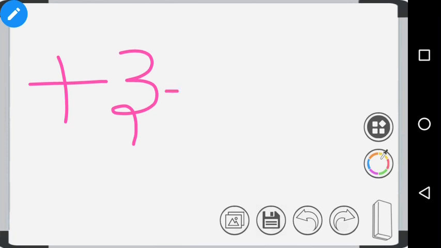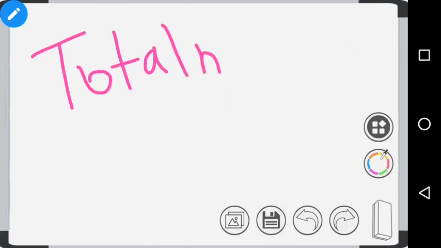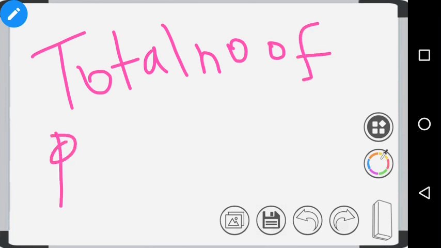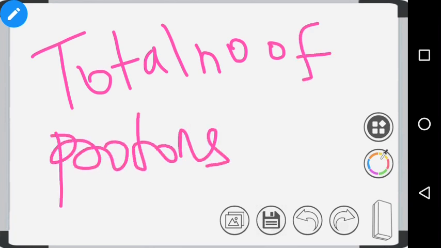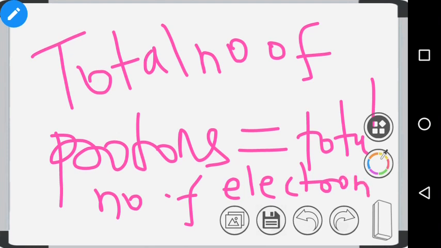We have to have minus 3, then only the total 0 will come. So if the total number of protons is equal to the total number of electrons, then the atom is considered to be neutral.